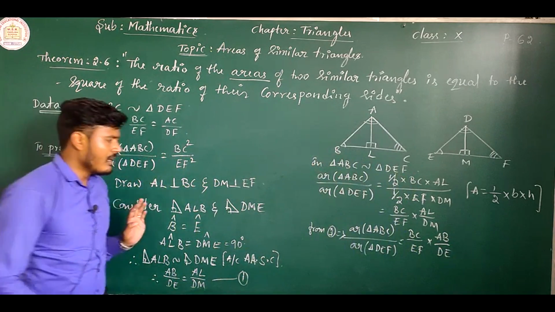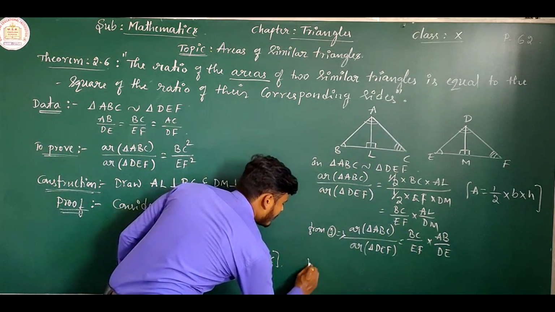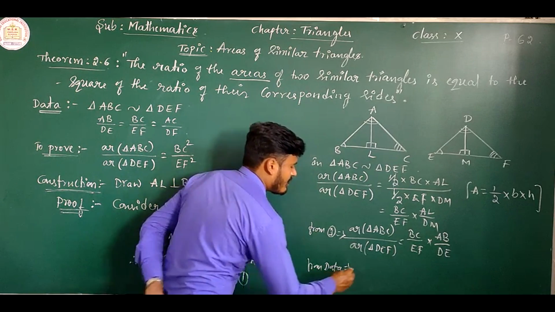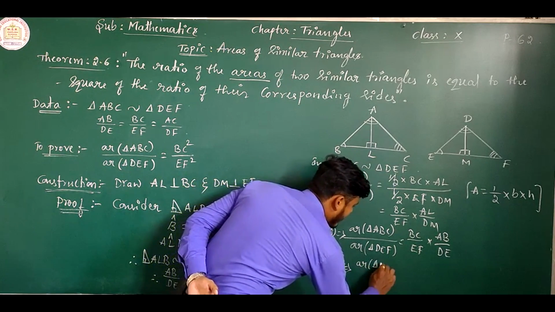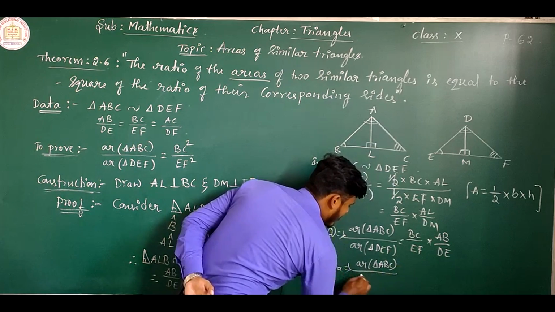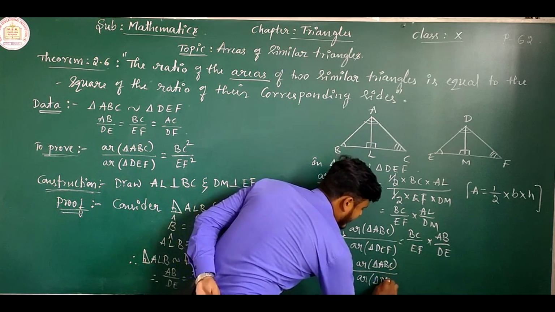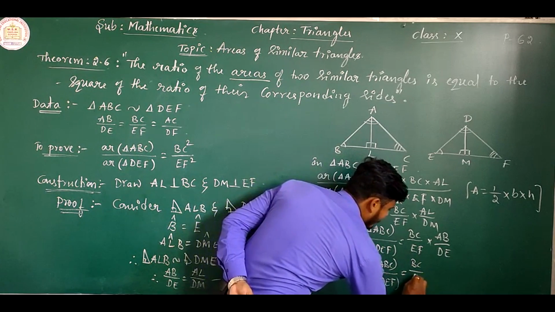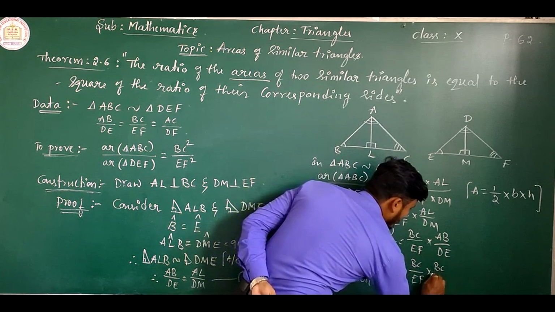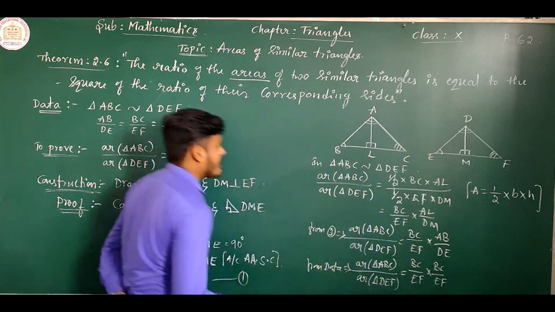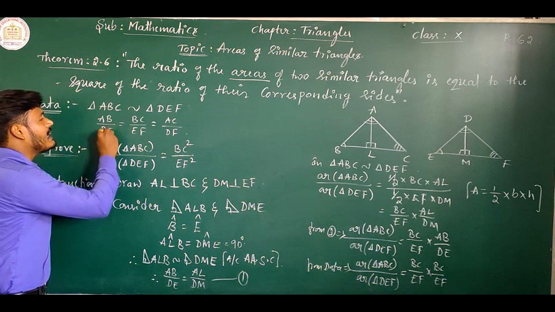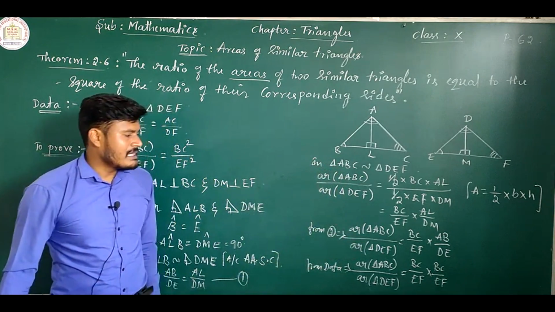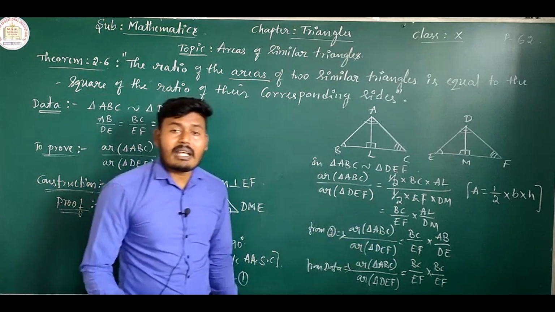From the given data, we have area of triangle ABC divided by area of triangle DEF is equal to BC by EF into BC by EF. So in the given section, you just observe here AB by DE is also equal to BC by EF. That's why we can easily take down BC by EF in place of AB by DE.